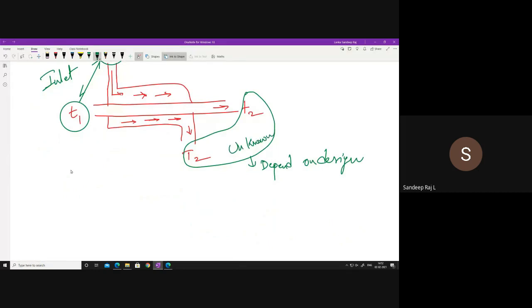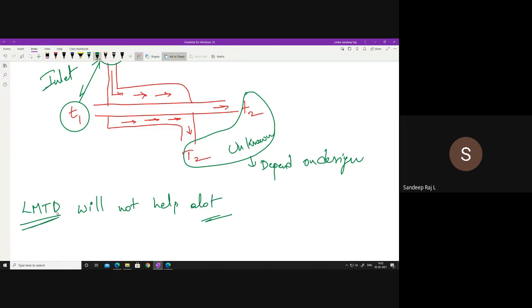So in reality, the LMTD method will not help a lot. In the LMTD method, you should have all four temperatures to solve. That would be of great help to you.